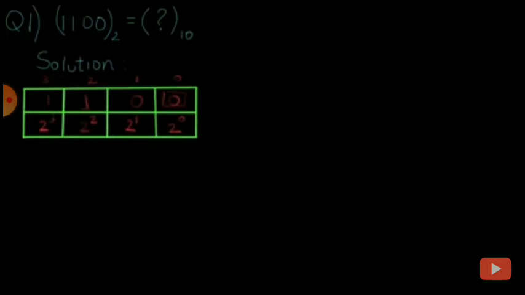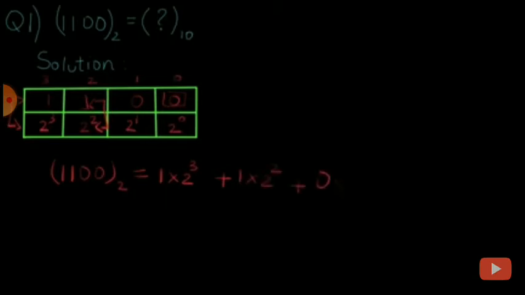Now once we have assigned these positional weights, to calculate the decimal number, here is the formula. 1100 binary is equal to multiplication of these two values, that is 1 into 2 raised to 3, plus again multiplication of these two values, 1 into 2 raised to 2, plus 0 into 2 raised to 1, plus 0 into 2 raised to 0.